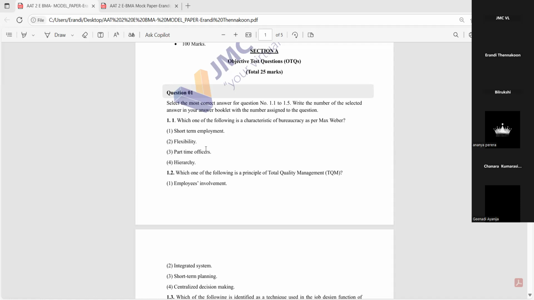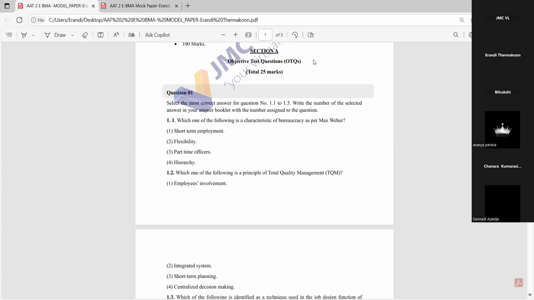Which one of the following is a characteristic of bureaucracy as per Max Weber?